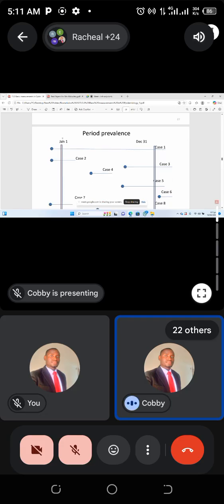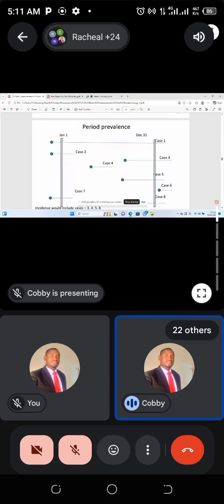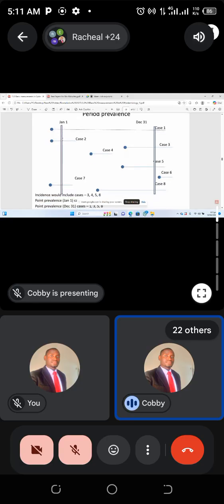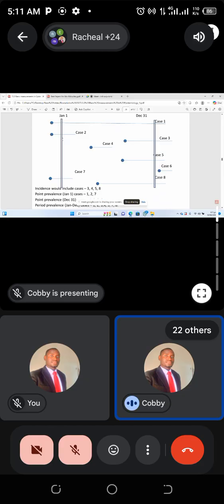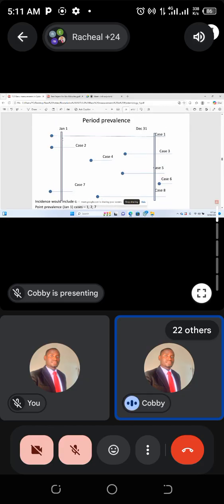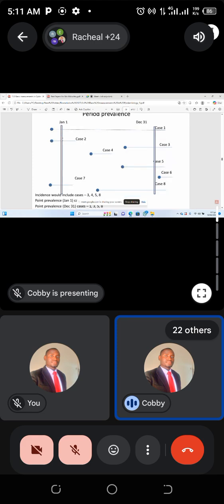So we are given this example here to look at the prevalence. When we look at the incidence, first we need to find the incidence of this condition between January 1st and December 31st.